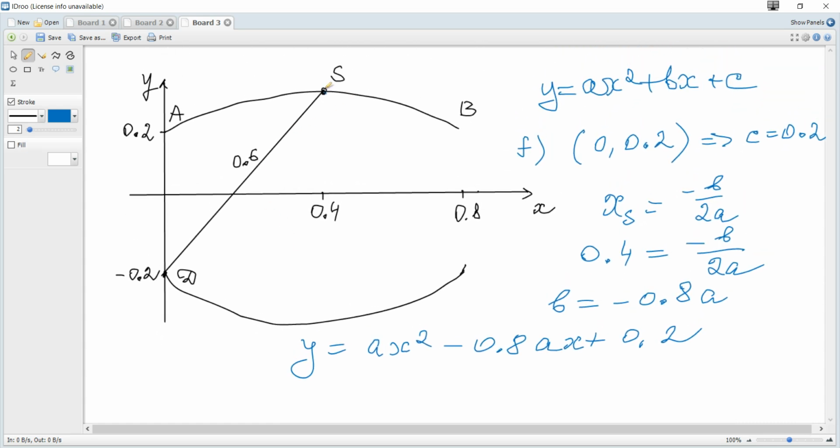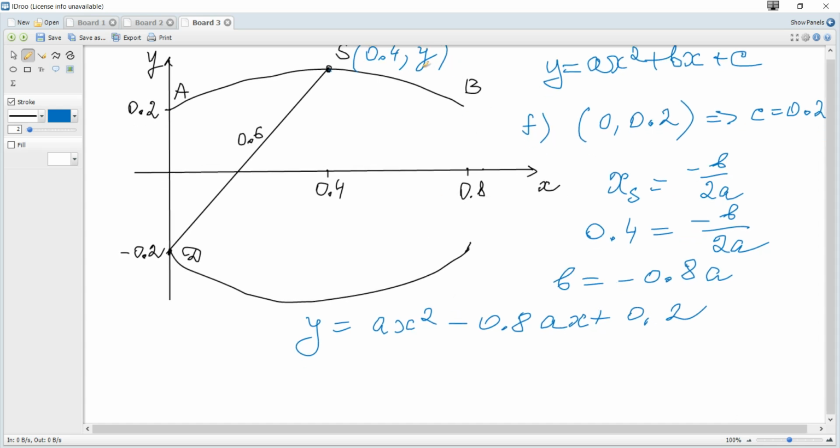Then we know the distance SD is 0.6 and the coordinates of S: for x it's 0.4, for y it's this expression when x is 0.4, because S lies on our curve. So you may use this expression directly for y, but we can find y firstly and then consider just point S and substitute in 0.4 for x and the found y for y, and then we can find a.